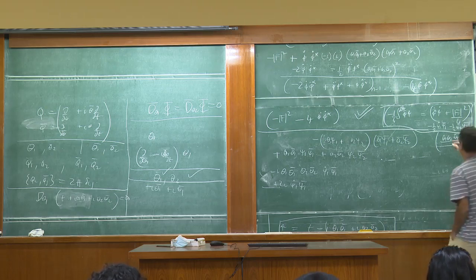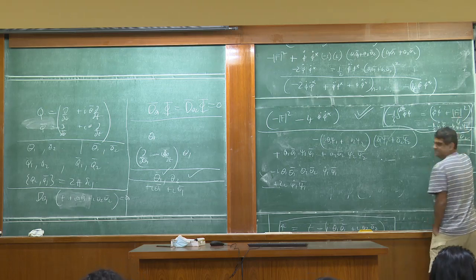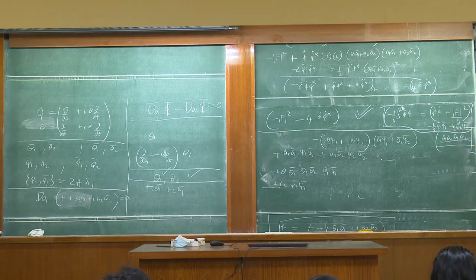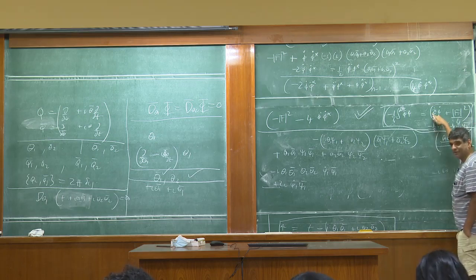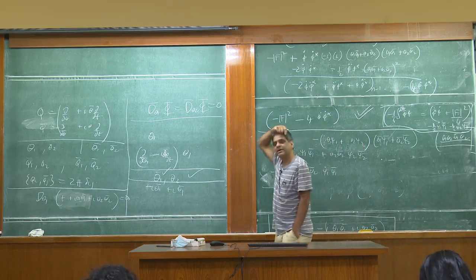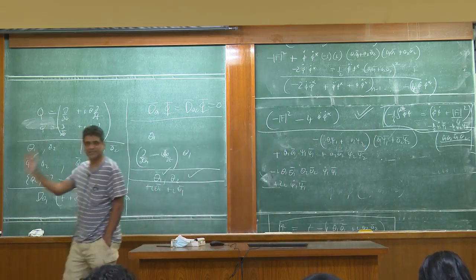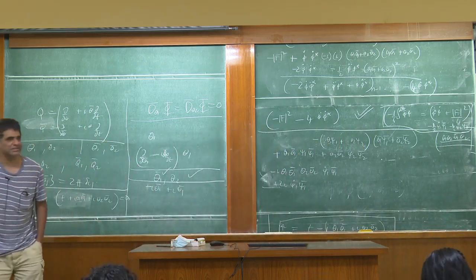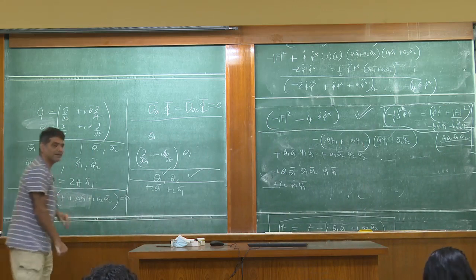Minus i, minus i. Okay, now we may want to eventually renormalize. If we want this to be standardly normalized and this to be standardly normalized, we'll need to put some square root 2's maybe. We'll think about that. Right now we just work with our conventions and get everything consistent. Then we'll fix to some convenient normalization.